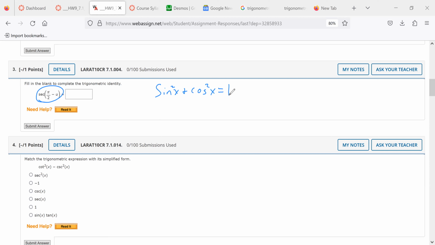Now, this is an equation, so I can divide and multiply it by anything that's not zero. So in order to make it into this, if I divide everything by sine, I divide the original.